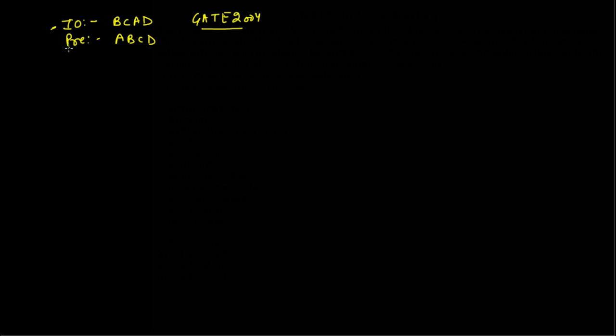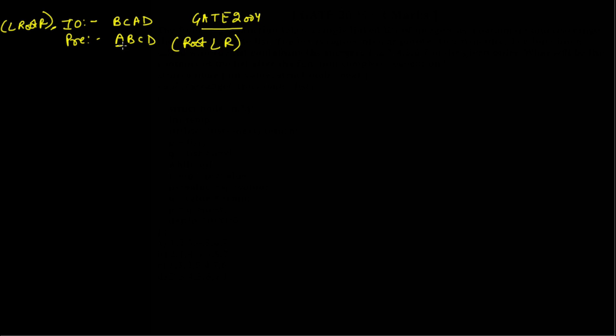As we have seen, pre-order is root, left, right, and in-order is left, root, right. So in pre-order the first element is going to give us the root, and the in-order is going to give us the left subtree and the right subtree for this root.